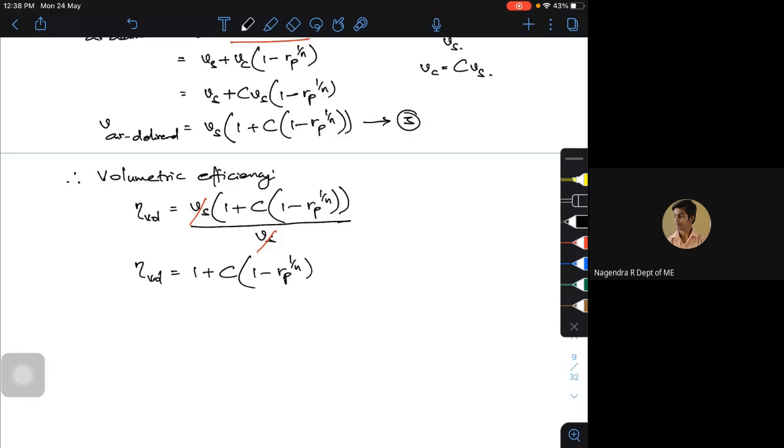Or if you want, I can write Rp in terms of volume also. If you go back, I can replace Rp by P2 by P1.